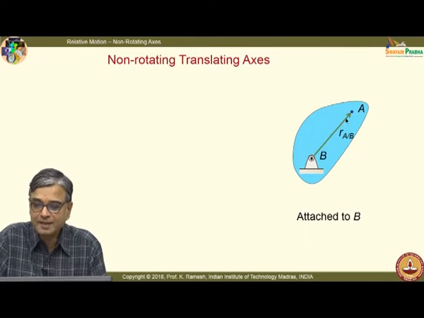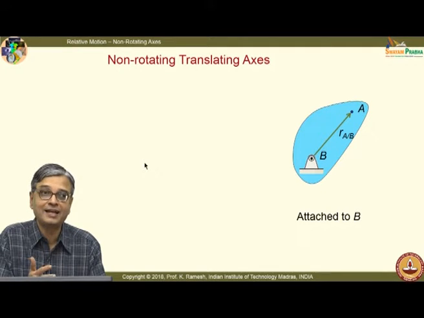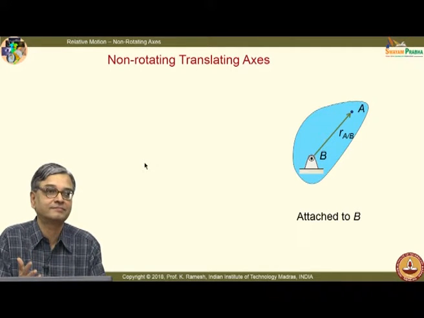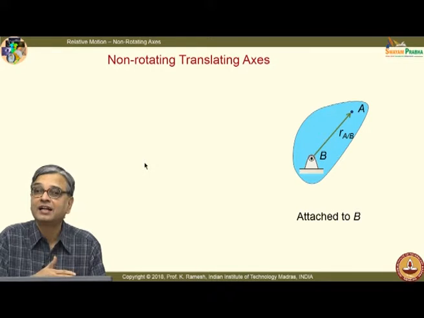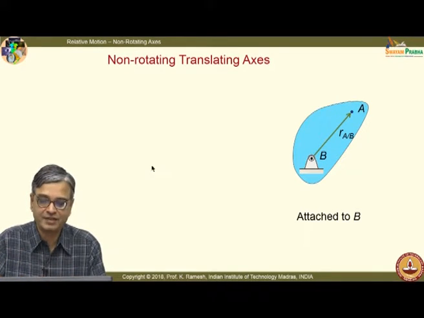If I see the point A, the body is in general plane motion, please understand that. But I attach a non-rotating translating axis at B, which has both velocity of B and acceleration of B. It is not having only velocity, it is not having a constant velocity. Okay.